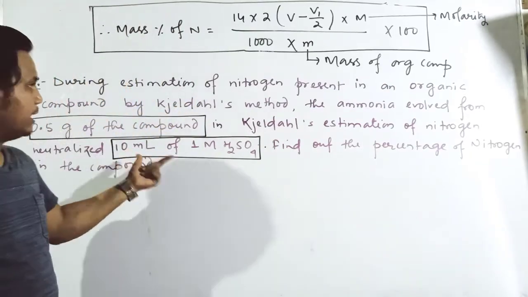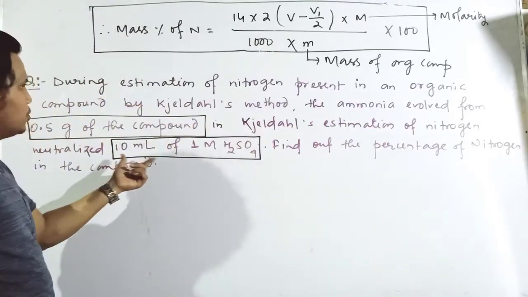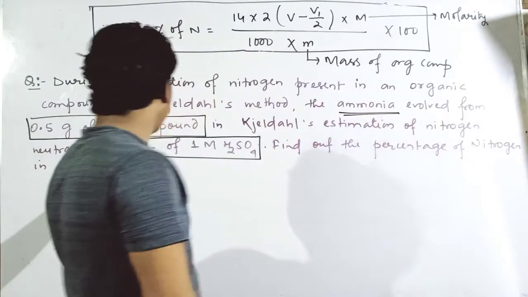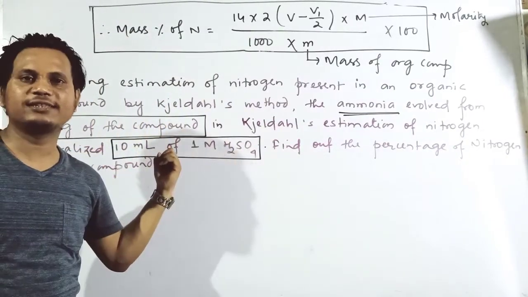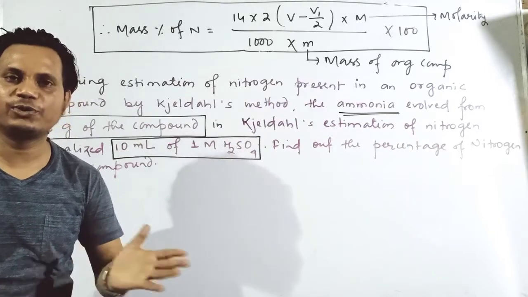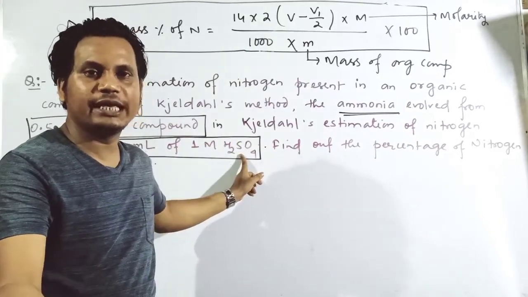Now see, here we have to find nitrogen. So the ammonia evolved is completely neutralized by sulfuric acid. It means the use of sodium hydroxide is not there here. We have taken excess sulfuric acid.